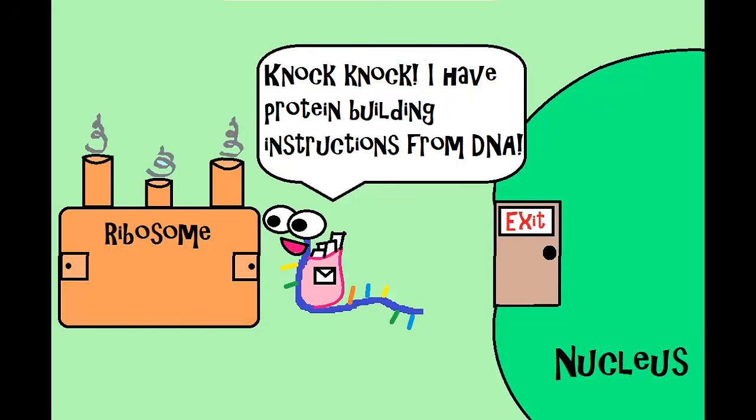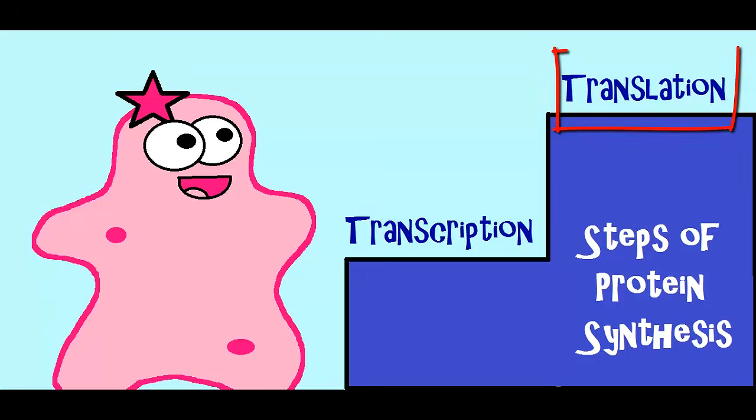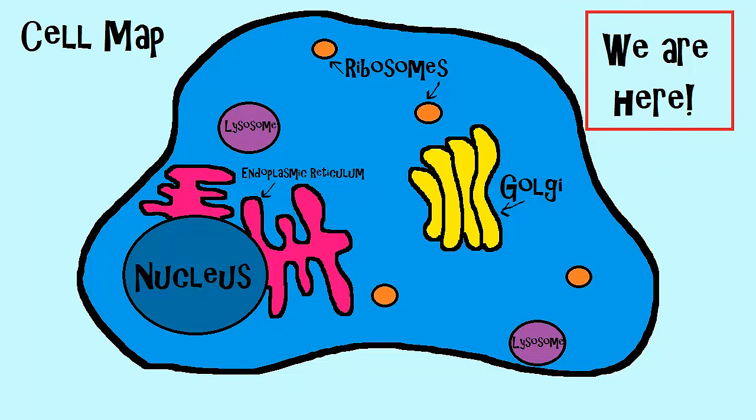So the messenger RNA is going to go to a ribosome, which is made out of rRNA. And now what we're going to do is we're going to use the message to build our protein. This step is going to be called translation because we're translating our message into protein. And we are also outside of the nucleus. We are in a ribosome, so that's where our location is now.